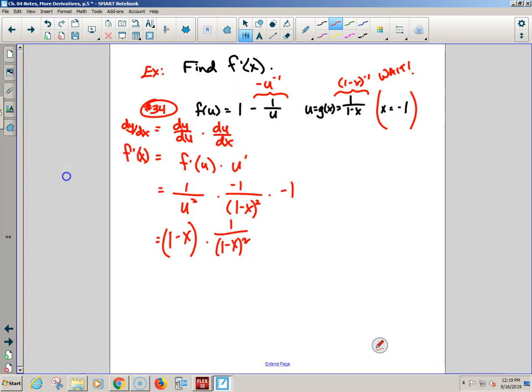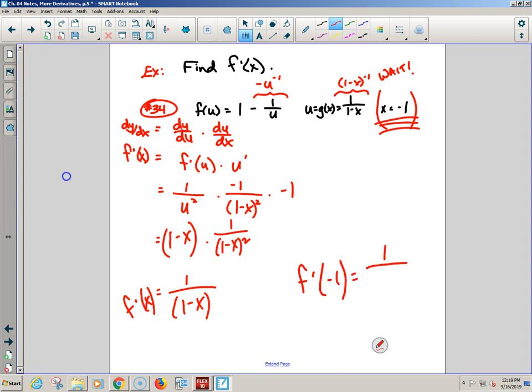So I have a single on top and a squared on bottom, which would be the same thing as 1 over 1 minus x. And then what am I trying to find? All of this at x equals negative 1. 1 minus -1 is 2. It's a bit convoluted, but yeah, it's true.